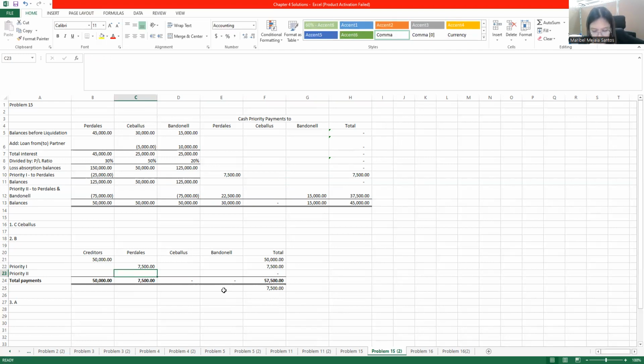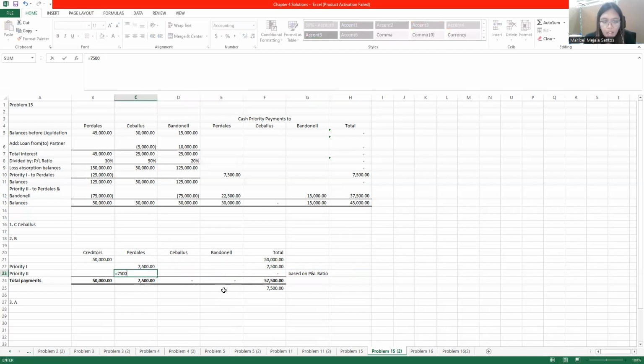So, paano natin ngayon mahahati si 7.5? This will now become based on what? P&L ratio. So, yung 7.5 na yan, hahatiin natin siya.